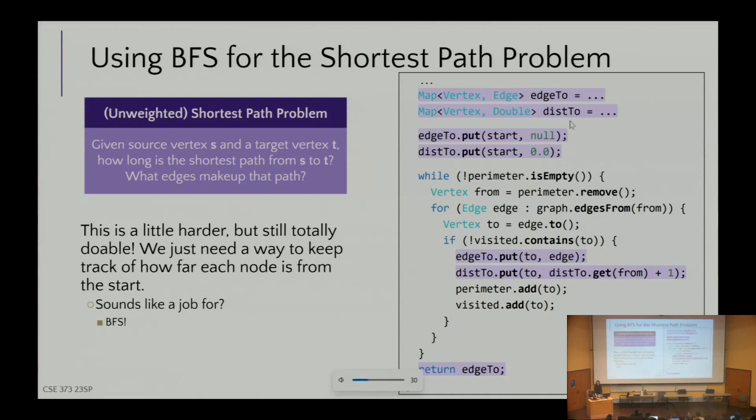And then distance 2 keeps track of how far I've walked already, that total number of jumps, so that I can use that to compare and make the most intelligent decision. And in fact, if you can see this +1, this is how we're calculating the distances. Every time we travel to a new vertex, we just add 1 to the distance. It's equivalent to saying each edge counts as a weight of 1 or a distance of 1.